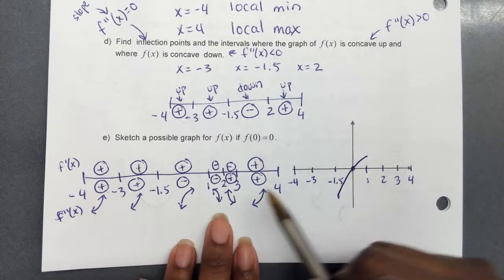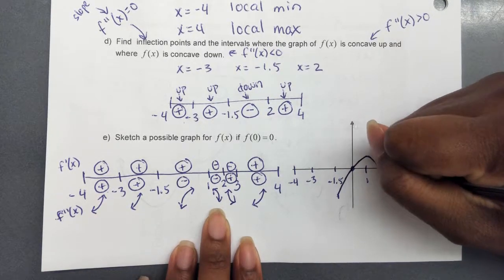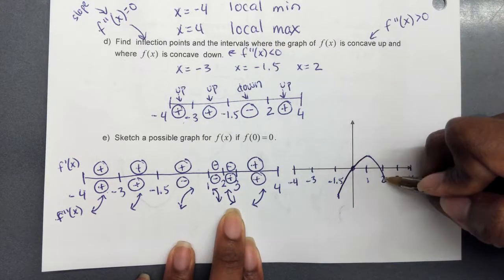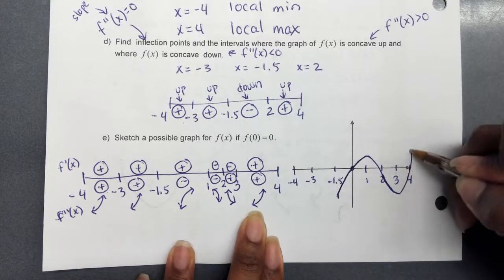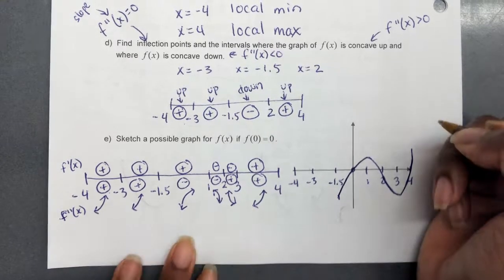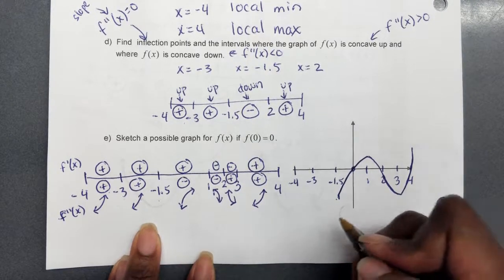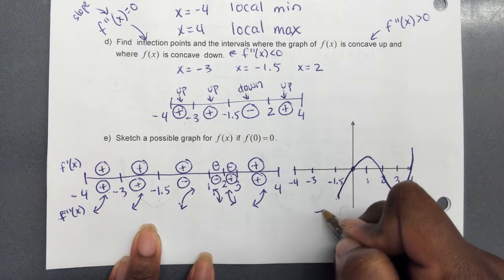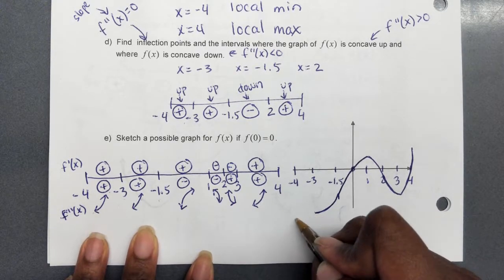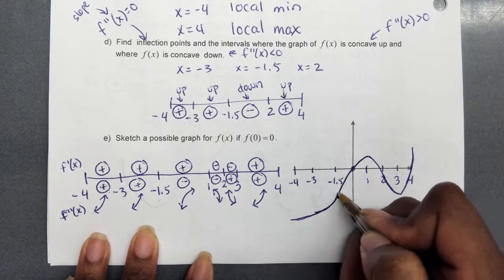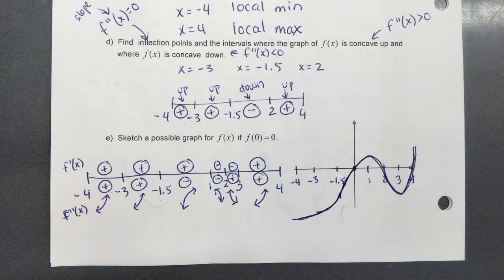Okay, so from there, from 1 to 2, we know our graph should look like that. From 2 to 3, we want to kind of curve it. From 3 to 4, we're going up. Okay, and then working backwards, from negative 3 to negative 1.5, we want our graph to look like this. And then from negative 4 to negative 3, we're still looking the same way. So this is what a sketch of f of x would look like.